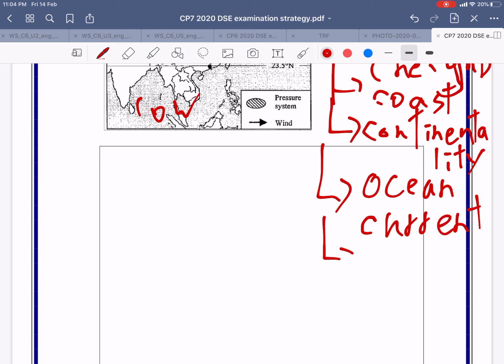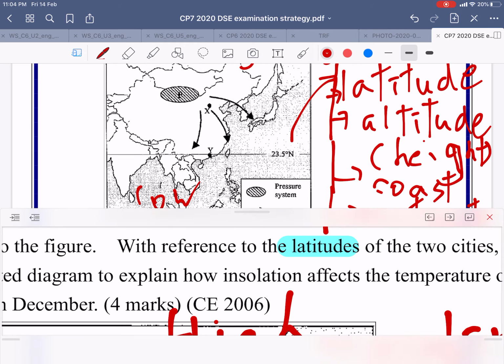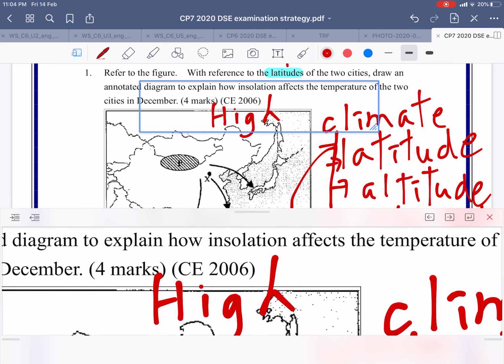I'm not going to go through all the things in this YouTube video; I had better teach you in Form 5. So for this question, I think it is just focused on latitude.